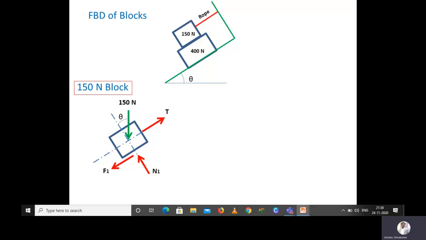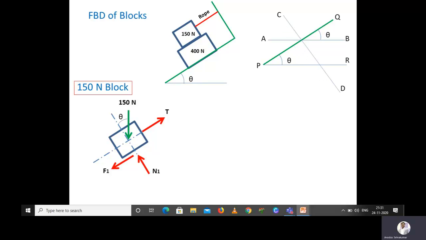You can see here I am taking PQ as an inclined plane and the horizontal line PR. The inclined line PQ makes an angle of theta. Now I am taking another line parallel to PR at any point on this inclined line. Obviously, as we have discussed, this angle also will be theta.